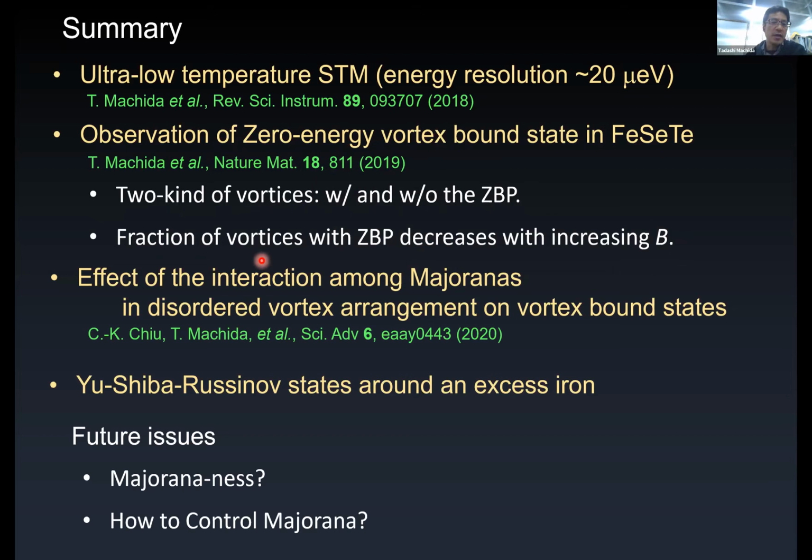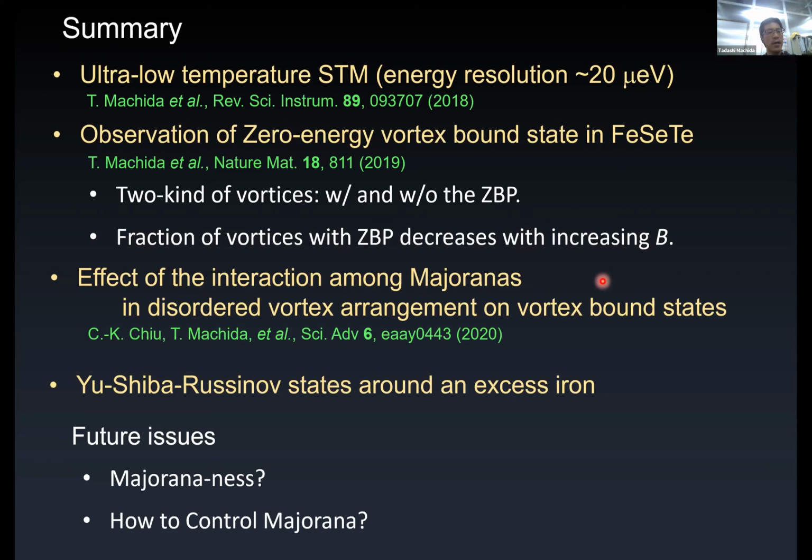And then, thanks to the theoretical help from Dr. Jinkei Chu, we can explain the observed magnetic field dependence of the zero energy peak by considering the effect of the interaction among the Majorana particles in the disordered vortex arrangement in the vortex lattice.